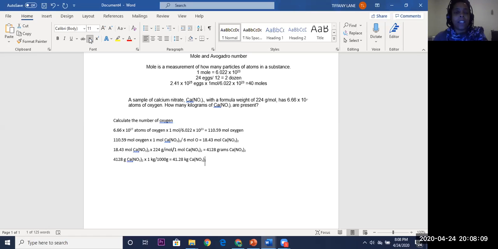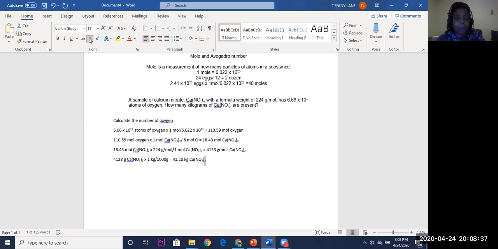So a sample of calcium nitrate. The first thing you do when you evaluate a problem is take a survey of what it's saying. I knew a sample was calcium nitrate, so I'm thinking about chemicals.